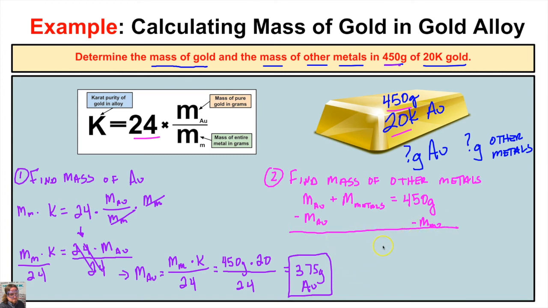And what we're going to end up with here, to figure out the mass of the other metals, is we're going to take 450 grams minus the mass of the gold, which is 375 grams, and we will end up with 75 grams of other metals that are in this alloy.